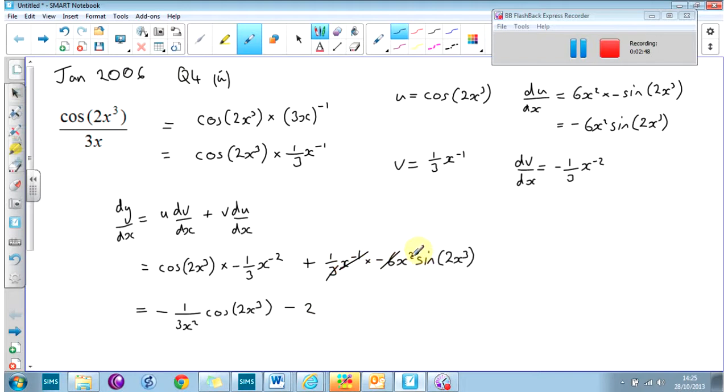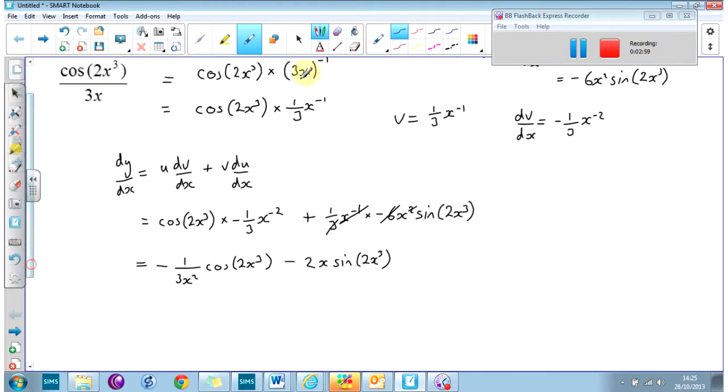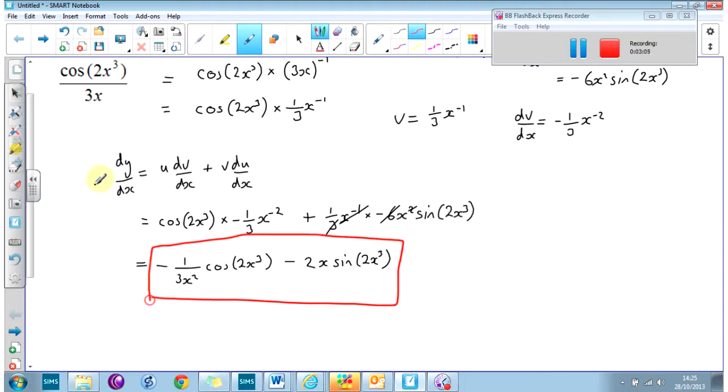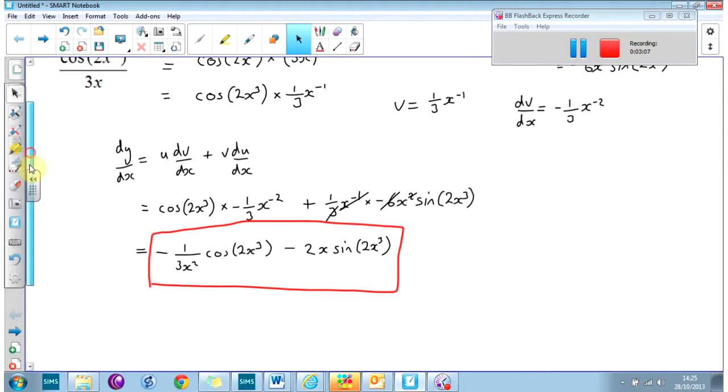X to the minus 1 is going to cancel one of those, so it's minus 2x sine 2x cubed. Okay, could leave it there, which is what I'm going to do. So that's my solution. And now we're going to compare it with what the mark scheme says.